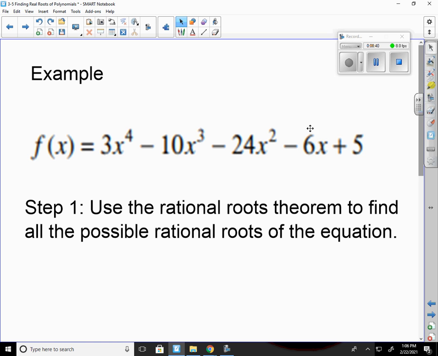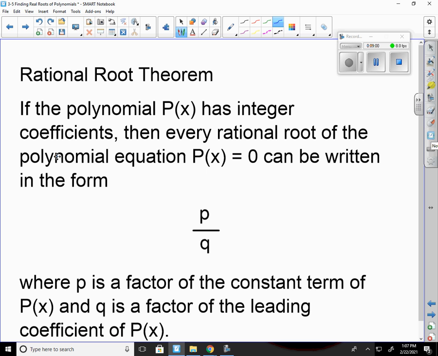Okay, so here we have an example. It's 3x to the 4th minus 10x to the 3rd minus 24x squared minus 6x plus 5. Use the rational roots theorem to find all the possible rational roots of the equation. So first we start with what our p's could be. If you remember, it's p over q, and p is a factor of the constant term.